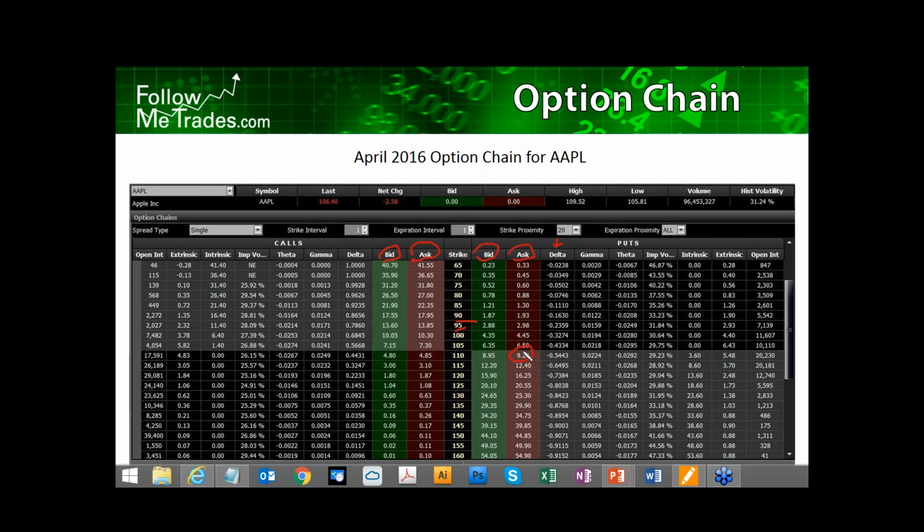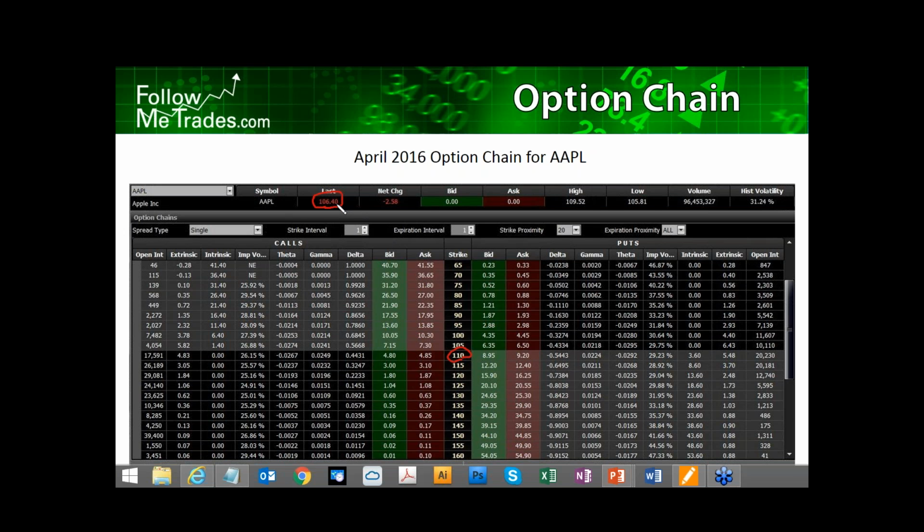Okay, Diana, can I explain what I mean by in the money, out of the money again? Yeah, it does kind of make your head spin. So I'll go through it one more time. Let's just take one example. Let's look at this strike price 110 contract right here. Apple is currently at 106. If you have the right to sell Apple for $110 and it's sitting at 106.40, that is valuable.